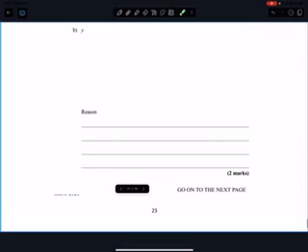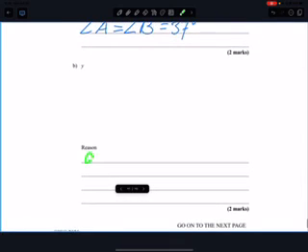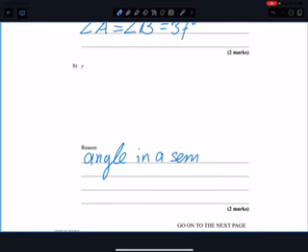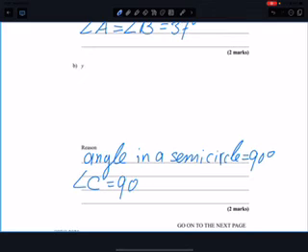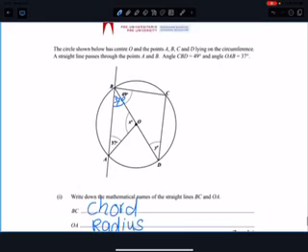So what do you write? Literally that. Angle in a semicircle equals 90 degrees. So angle C equals 90 degrees. And then you go back.